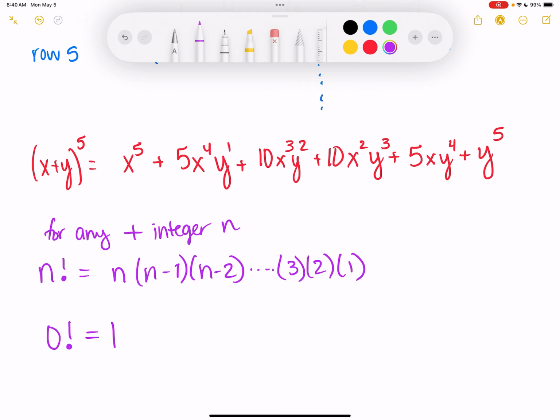So this stuff can be useful. You're probably like, well, why do I need that? It can be useful in helping us to write out our binomial coefficients. Let's say that I wanted this to the 10th power and I didn't feel like writing out Pascal's triangle to the 10th row.